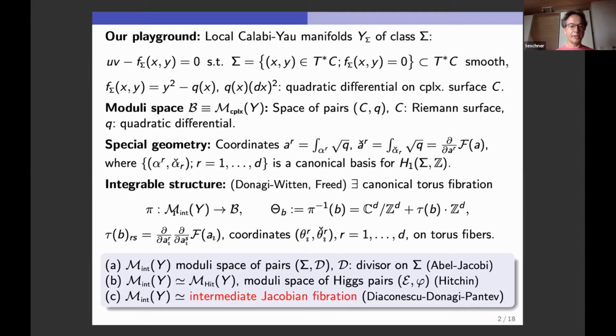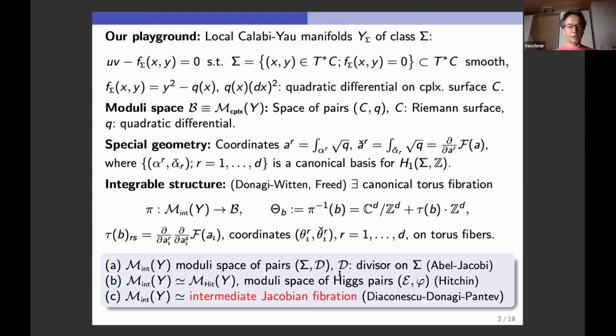So this defines a torus fibration, so we can project this moduli space M_int, where int can stand for integrable or for something else, which I will mention in a moment, down to the base, which is the moduli of complex structures. This equips it with what we can call an integrable structure.